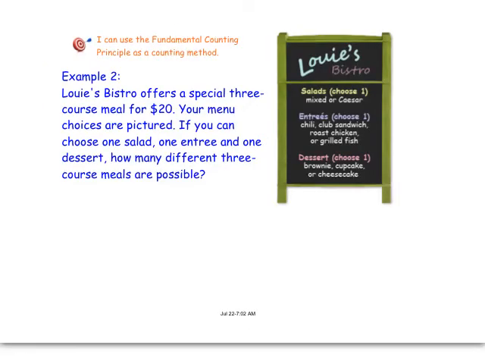In our second example, it says Louis Bistro offers a special 3-course meal for $20. Your menu choices are pictured. If you can choose one salad, one entree, and one dessert, how many different 3-course meals are possible? So I'm just going to take a look at the menu and see how many salad choices I have.